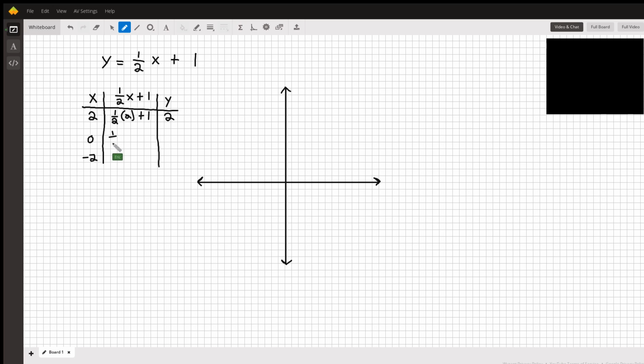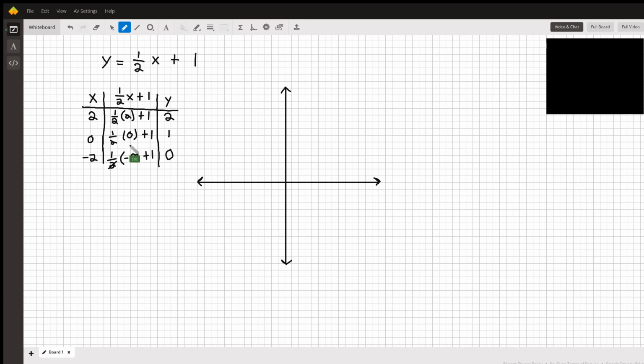And then we have 1/2 times 0 plus 1, or 1. And then we have 1/2 times -2 plus 1. And then the 2's cancel, but we still have a term inside, so we have 1 times -1, which is -1 plus 1, or 0.